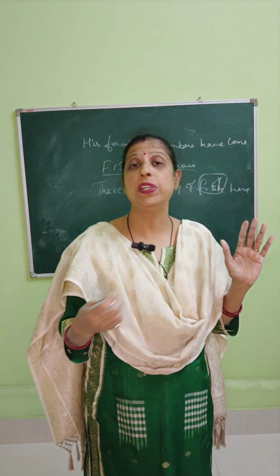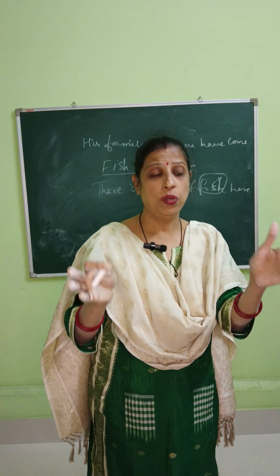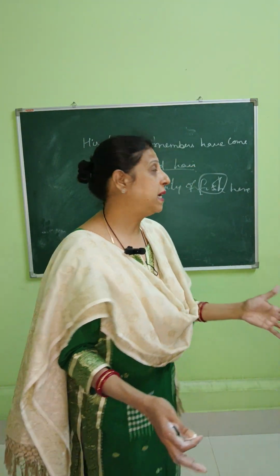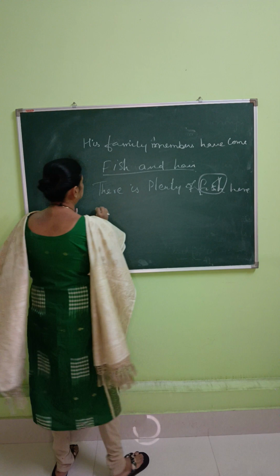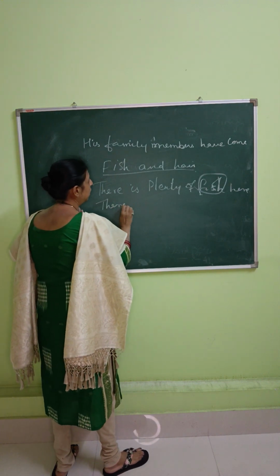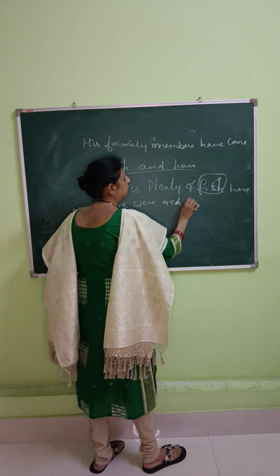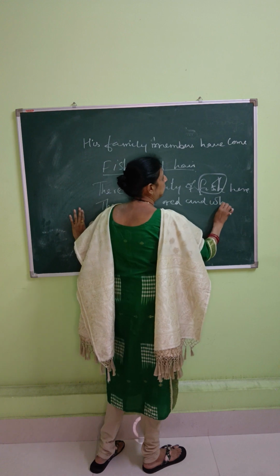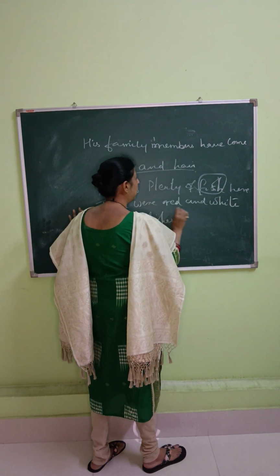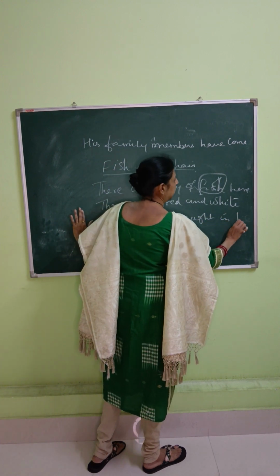But once they are used in plural, it means I am pointing to number, I am separating the things. I can say that there were red and white fishes caught in the net.